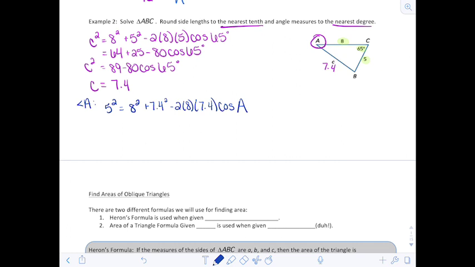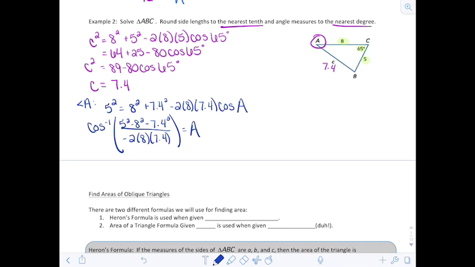Now if we're going to solve for angle A, hopefully this isn't going to be too big of a jump. This is just some algebra here, lots of algebra. We've got the cos inverse of 5 squared minus 8 squared minus 7.4 squared, all over negative 2 times 8 times 7.4, and that would equal angle A. So it's taking everything off the left and putting it on the right over there, and then taking the cos inverse of it.